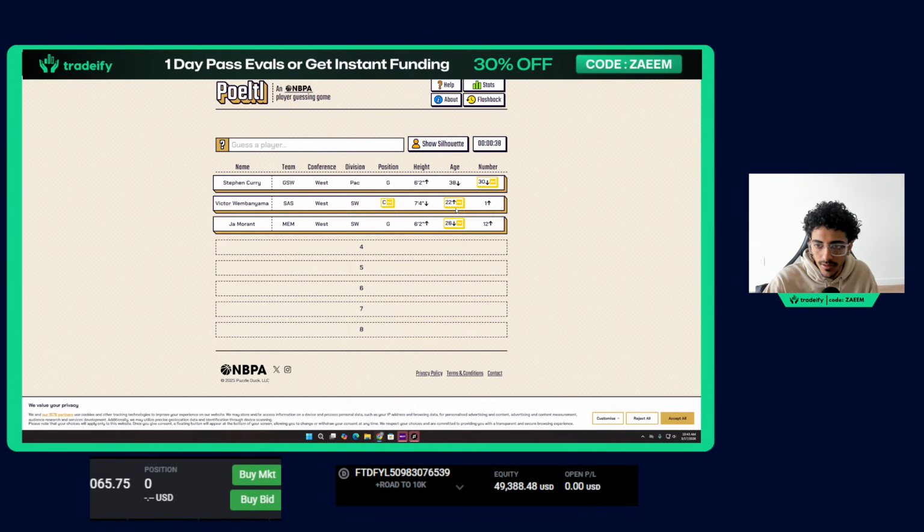He's in between 22 and 26. He's taller than 6'2". His number is under 30. C. Okay, he might be a power forward. I don't know. A young center. Chet.